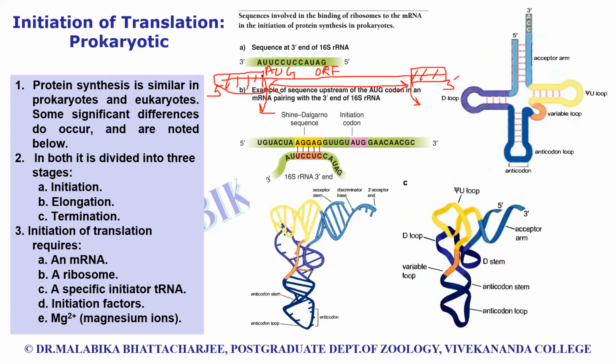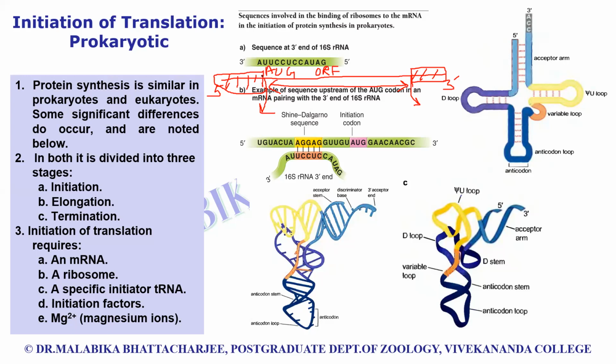However, in some bacteria, it has been seen that the start codon, this is in case of bacteria I'm talking, might be 5' GUG 3', or it might be 5' UUG 3' also. Those are exceptions. But the universal rule is that the start codon is AUG.